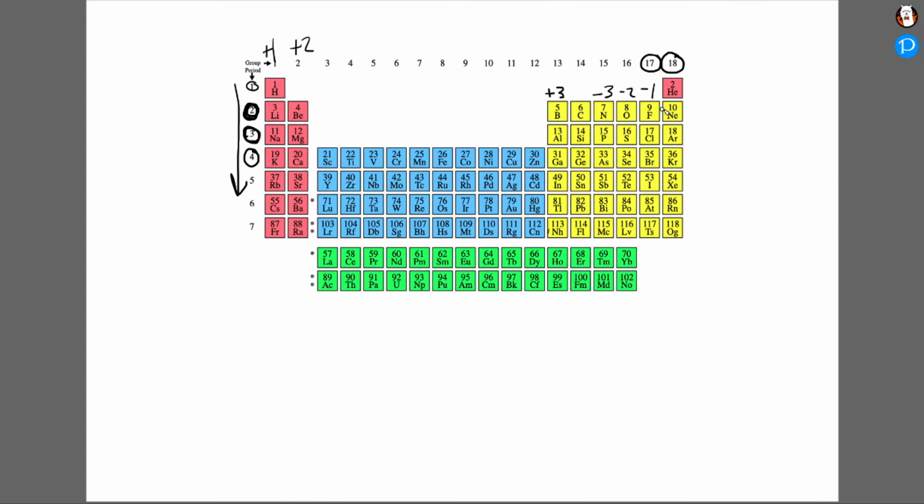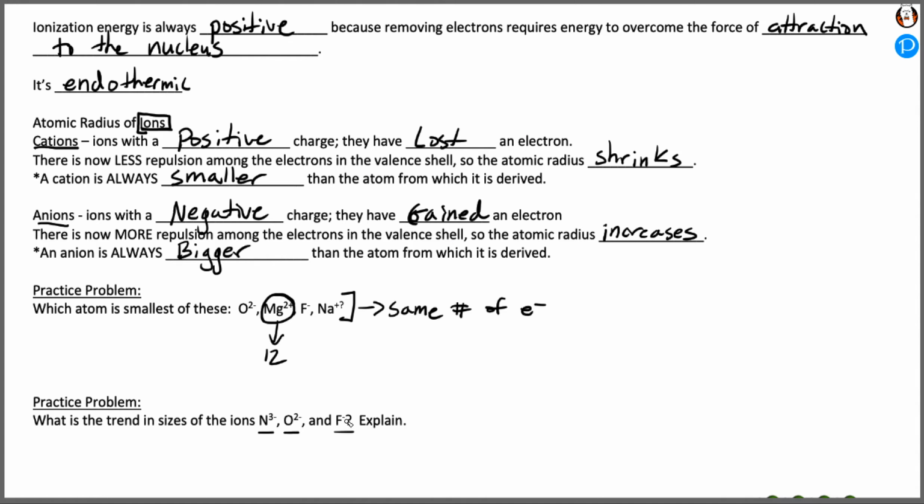So again, same thing. They all have the same number of electrons. Which one is going to have the smaller size? It's going to be fluorine, because it's got the most protons out of those three. Fluorine has the most protons, and so it's going to have the most pull on those electrons to pull them in closer. So F- would have the smallest size.